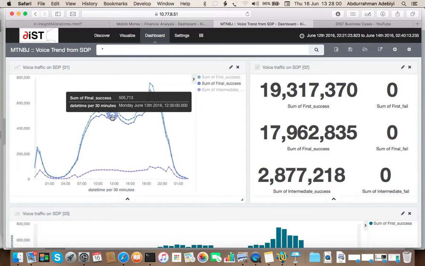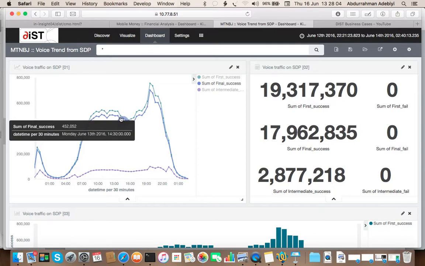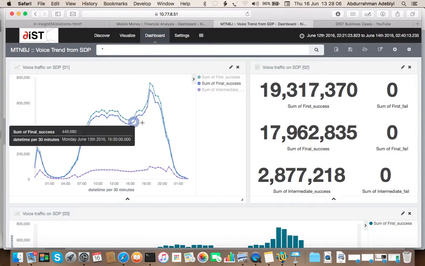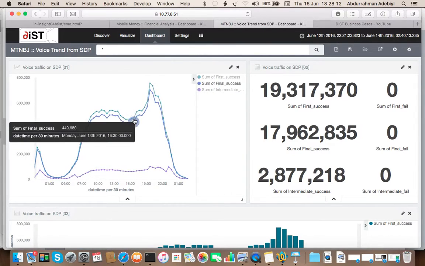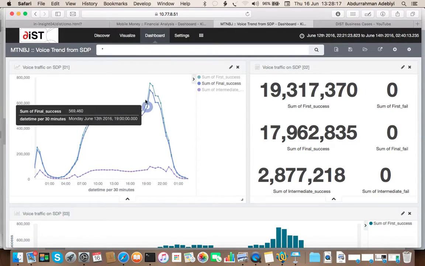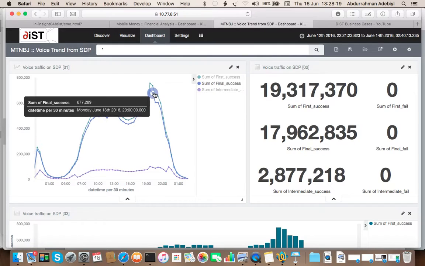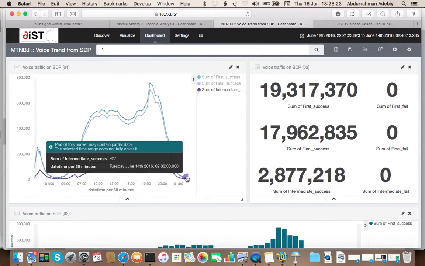We maintain the momentum. Then there's a peculiar behavior by the customers, which is what we've noticed during these periods between 1:30 and 5:30. We'll zoom in later, and it continues to peak all the way at 8 o'clock. It starts descending all the way back to the off-peak period.